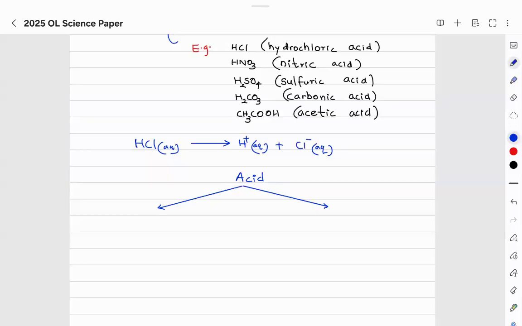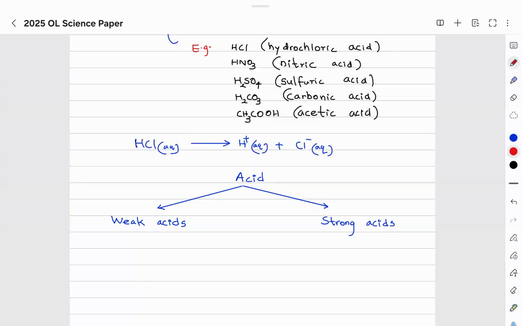Yes, correct. Weak acids and strong acids. What does mean by a weak acid? Weak acid means an acid that is ionizing partially, incompletely, right?